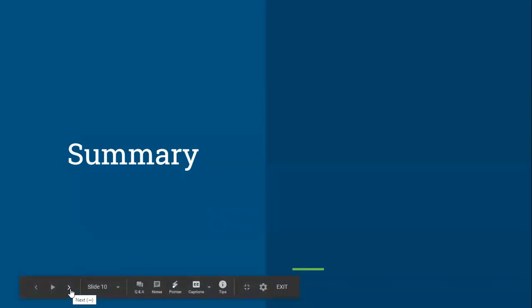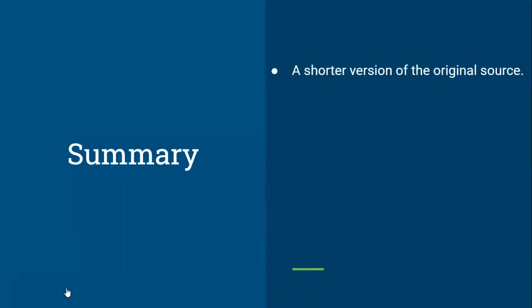So summary. A summary is a shorter version of the original source. While a paraphrase is going to be about the same length as the original, usually 2 or 3 sentences, up to maybe a small paragraph, a summary is just condensing a really long source into its bare minimum main points.